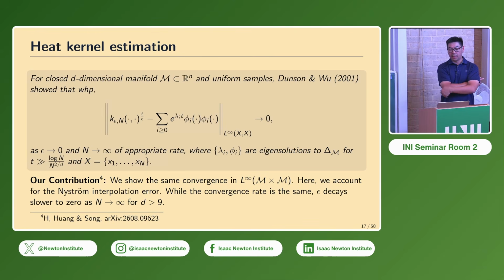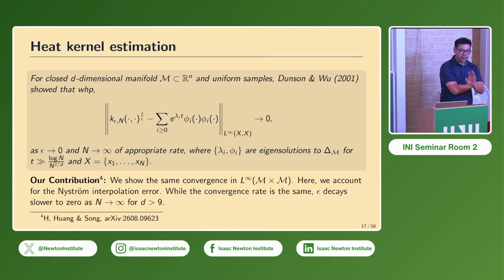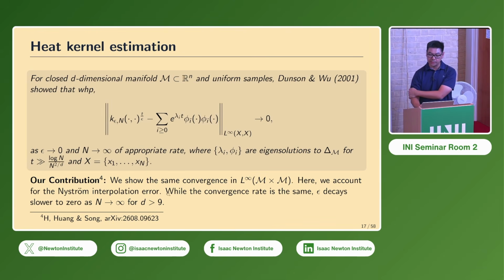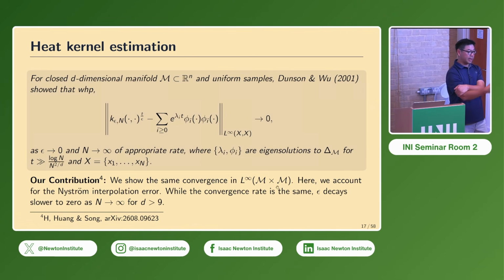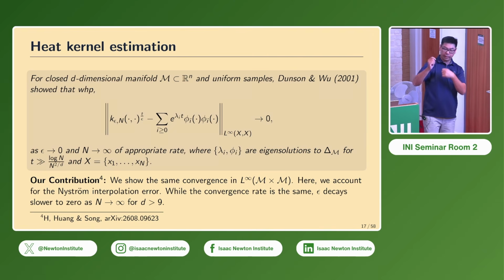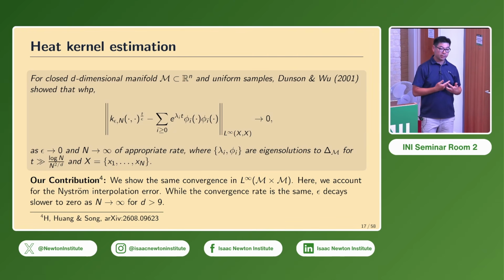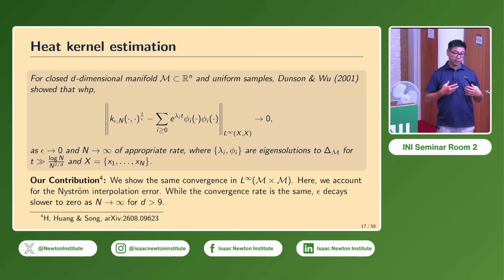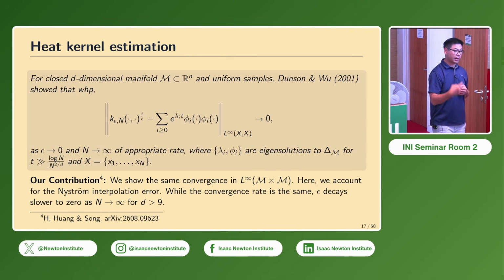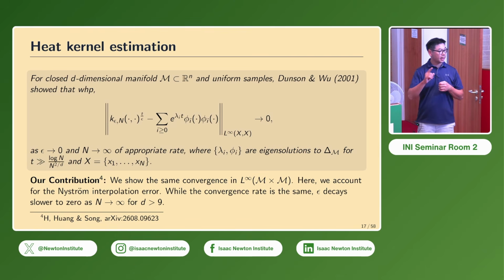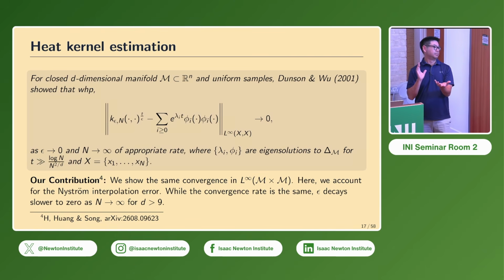Now, what is the implication? Why do I want this convergence on the entire manifold? If the kernel converges continuously, in L infinity like this, then I can say the reproducing kernel Hilbert space (RKHS) induced by my diffusion maps kernel converges in the limit to the RKHS induced by the heat kernel.